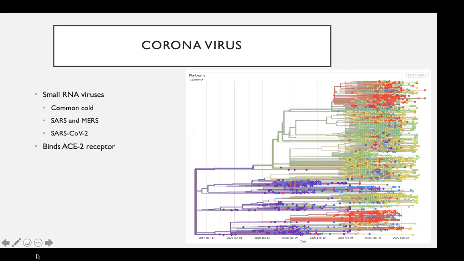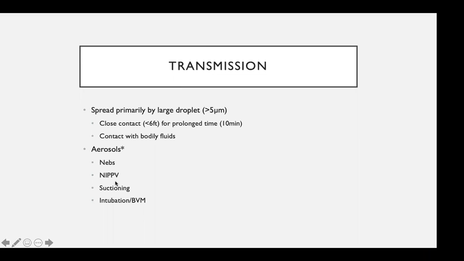That's why we're starting our evaluations at 6 feet. And then contact with things that those droplets settle on is another big source for spreading of this infection. That's why not touching your face is so important, and good hand hygiene. Probably the most common method for transmission is actually touching something and then contaminating your mucous membranes.